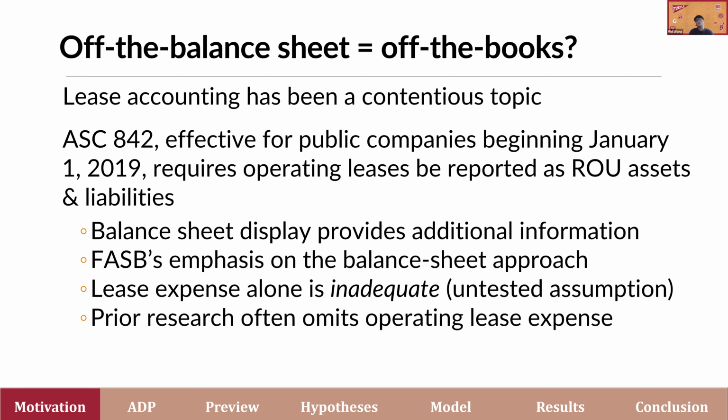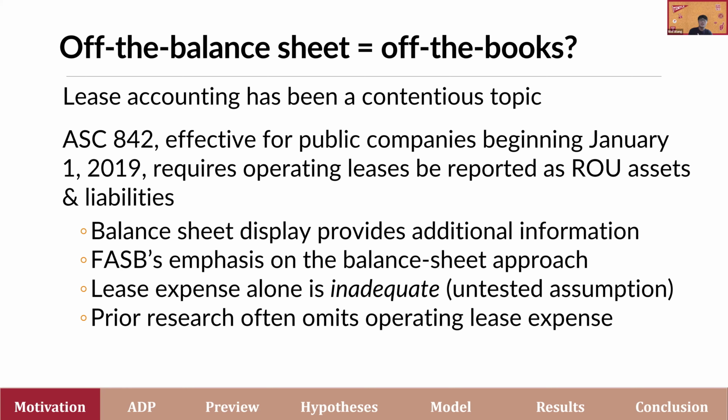A lot of prior research examining if and how capitalizing operating leases is net beneficial tends to exclude lease expense from their models, as if lease expense doesn't really matter.